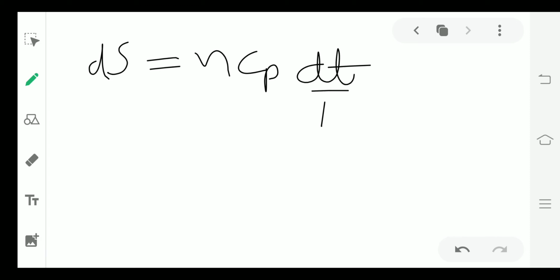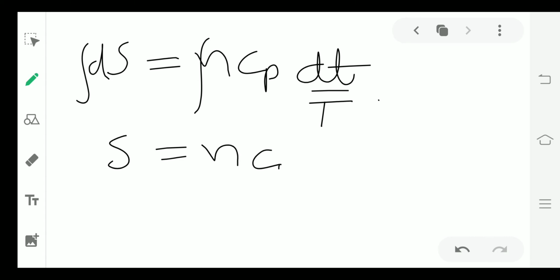So entropy is nCp dT upon T. Now taking integration on both sides, S is equal to n Cp ln T, since n and Cp are constant, from 0 degree centigrade to 100 degree centigrade.